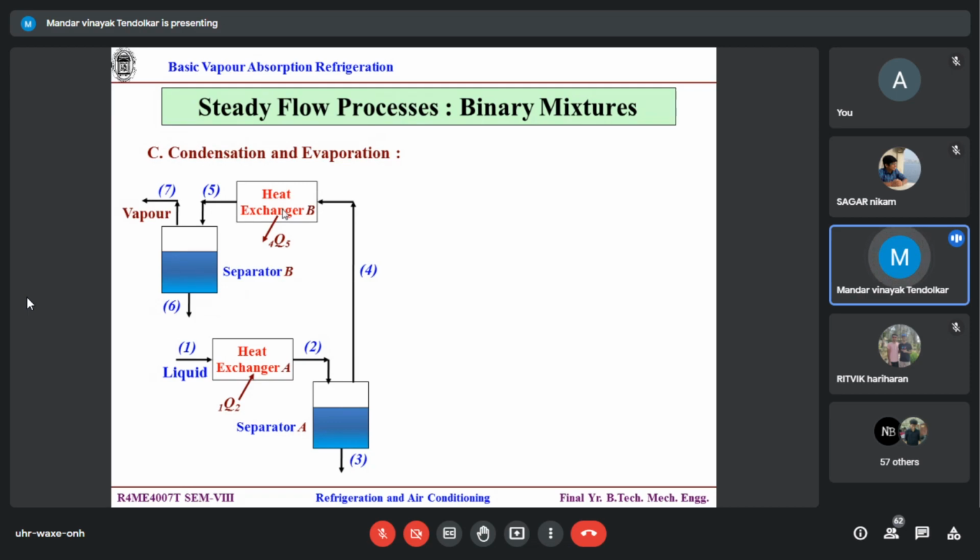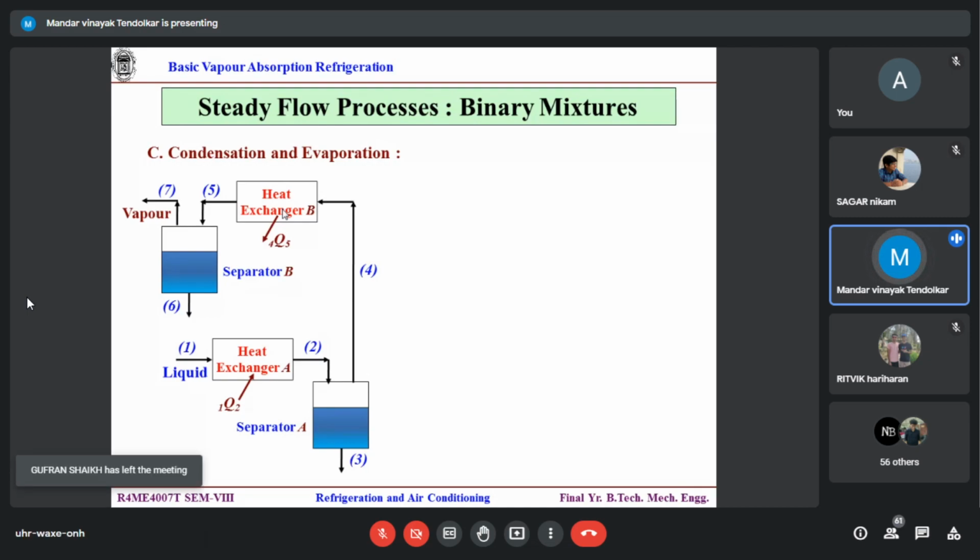Okay, so if you go on adding such heat exchangers in series, then that is called the rectification process, because you are separating the two components: A in liquid form and B in vapor form. The basic logic of the thermodynamic process is condensation and vaporization.